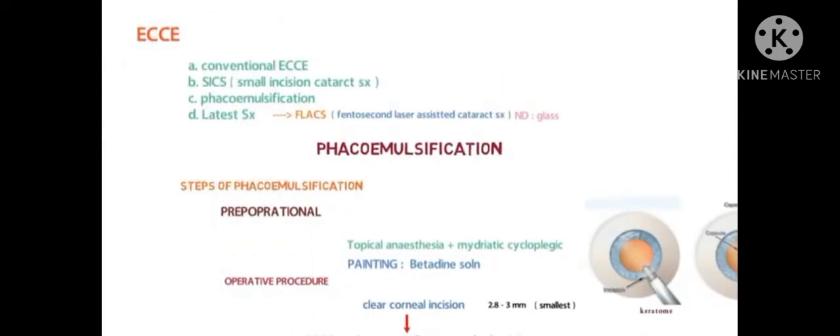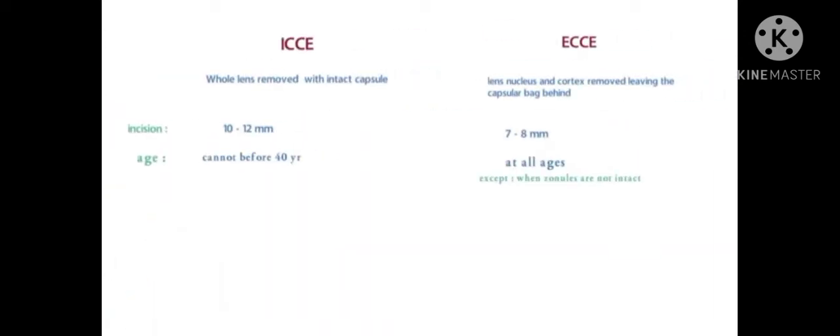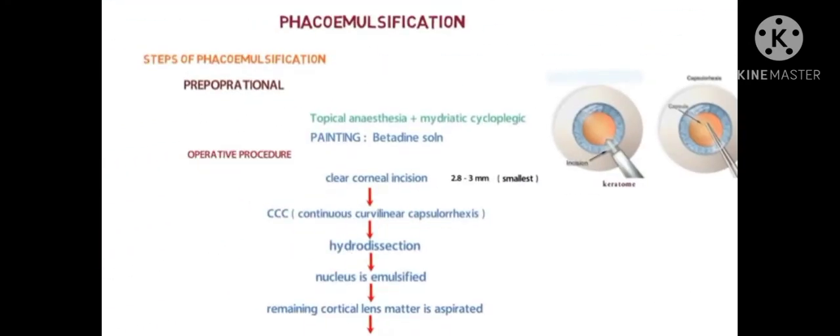Then we discussed the types of ECCE, that is conventional, SICS, phacoemulsification, and the latest surgery, that is the femtosecond laser. Then we talked about the differences between ICCE and ECCE. After that, we discussed phacoemulsification, in which we first went through the pre-operative procedures, and after that we discussed the operative procedures, right?